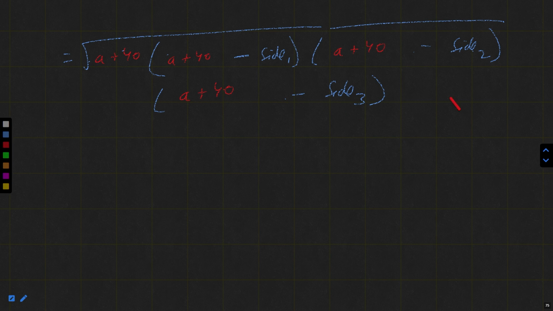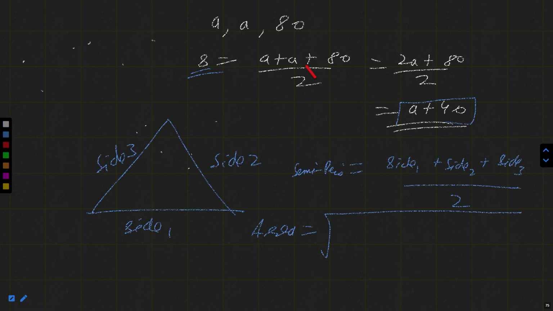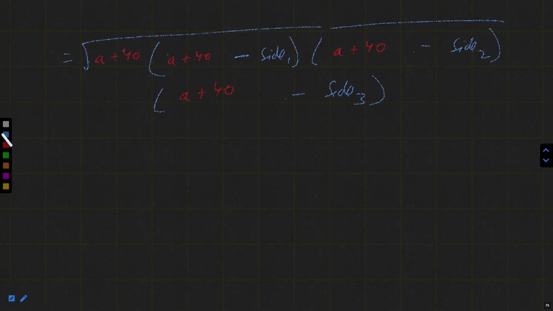Now what are my sides? Sides are A, A and 80. So side 1 is my A, side 2 is also my A, and side 3 is my 80. Now just solve it.